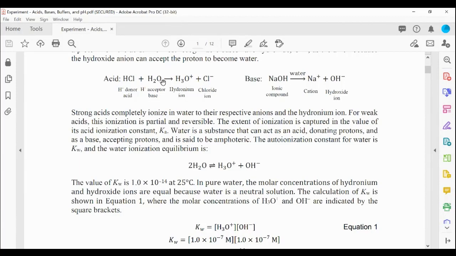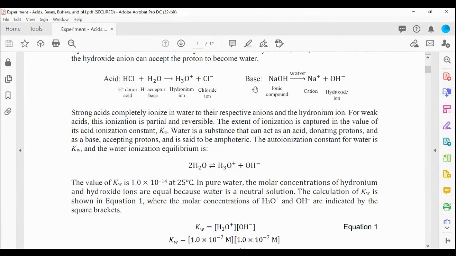You see here an arrow in only one direction. That means that we won't have HCl anymore if we combine the HCl, the hydrochloric acid, with water. It will completely separate. So all the H in water will be as hydronium ion.